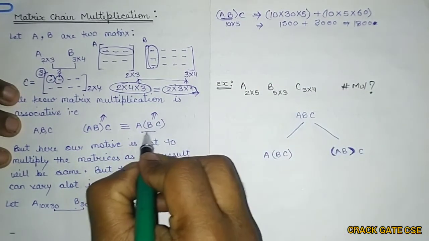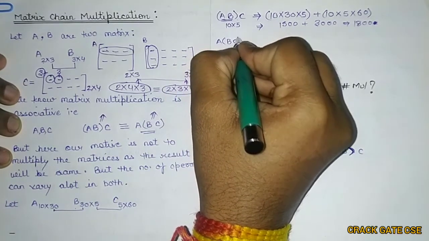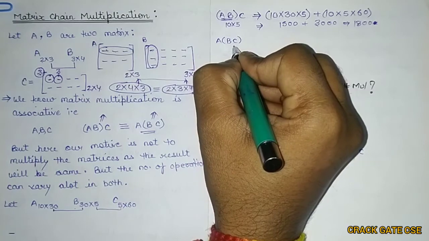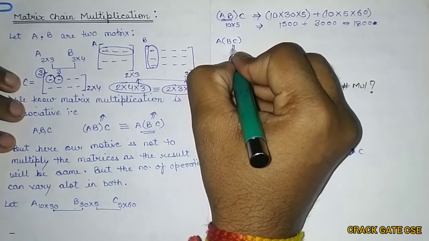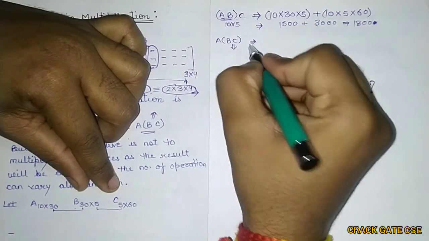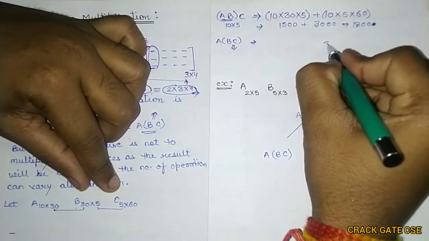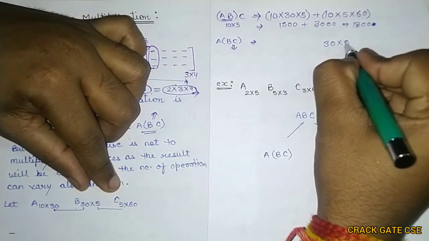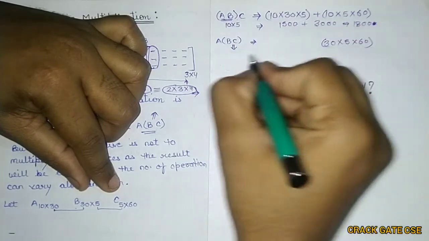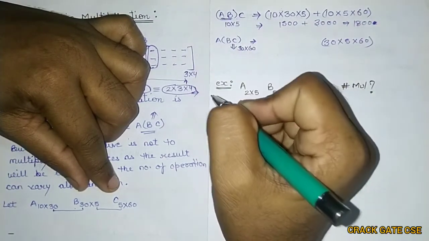But if I use the other approach, that is A multiplied with BC, first I have to get rid of this BC because BC is in parenthesis. So this has priority. If I multiply this BC, how many multiplications are required? 30 into 5 into 60. So 30 into 5 into 60 is required for BC. Then this BC will be of dimensions 30 into 60.